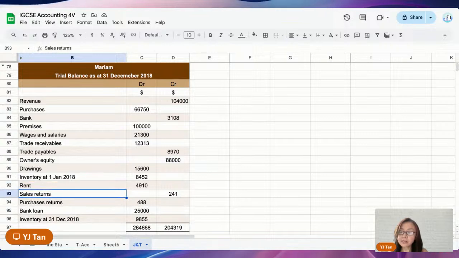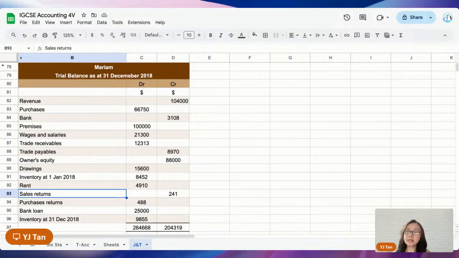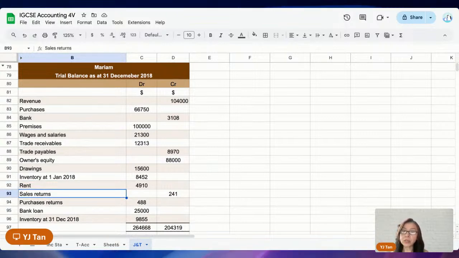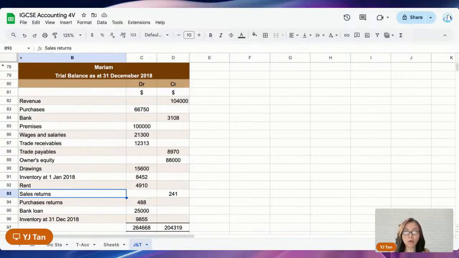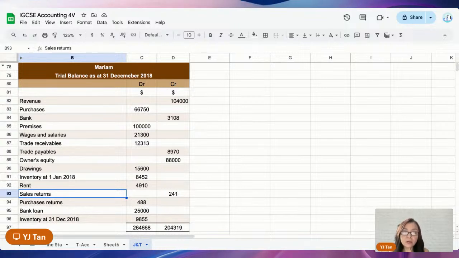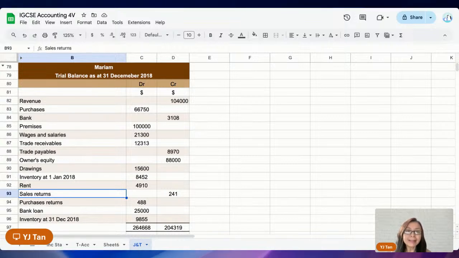Then next, sales return. All right, sales return means that we made the sales earlier, and then maybe the customer wants to return the stock because of dissatisfaction or whatsoever. So sales is always in the credit side when sales happen, and when it's returned, for sure it's in the debit side because it's minus.